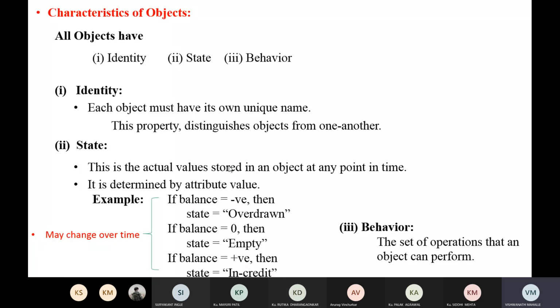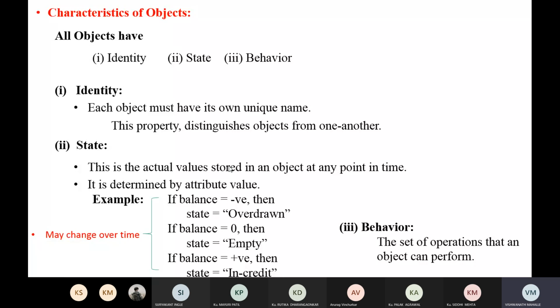A bank account has different attributes; we have already seen the class diagram: owner, account number, balance. We consider here the balance attribute. Suppose the balance is negative, then what is the state of that object?